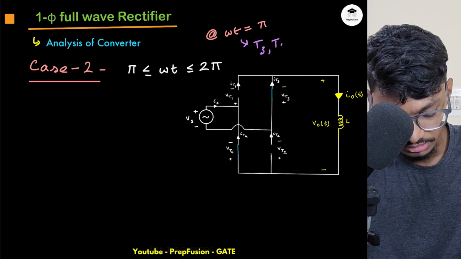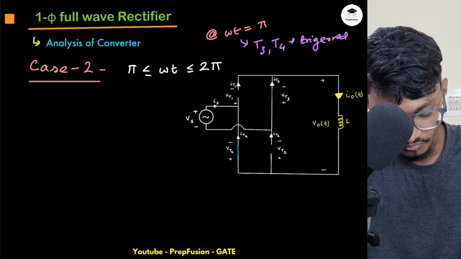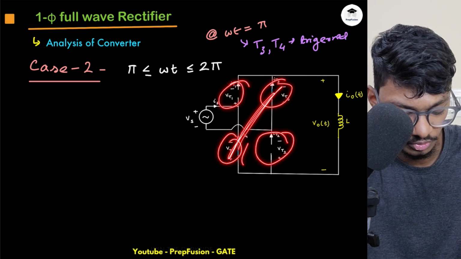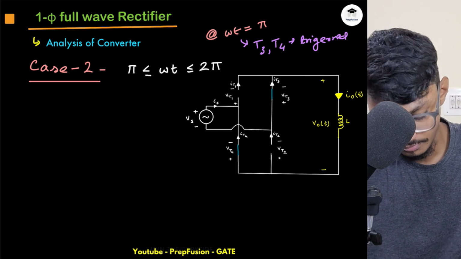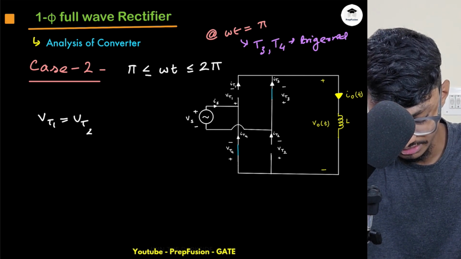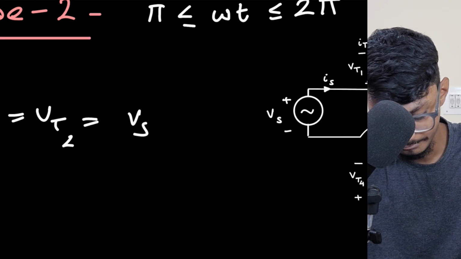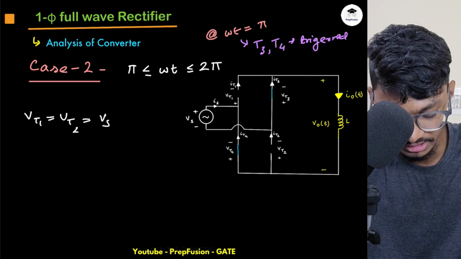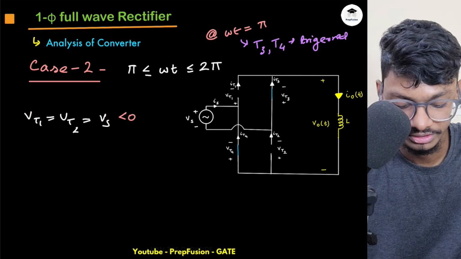As these two get triggered, they will turn on, and they will naturally commutate T1 and T2, because the potential across them, VT1 equals VT2 equals plus Vs, apply KVL and you will understand, is less than 0. Hence my thyristors T1 and T2 will go into reverse blocking mode.